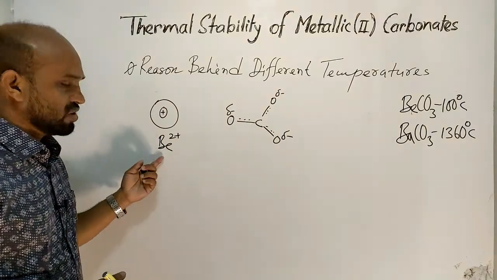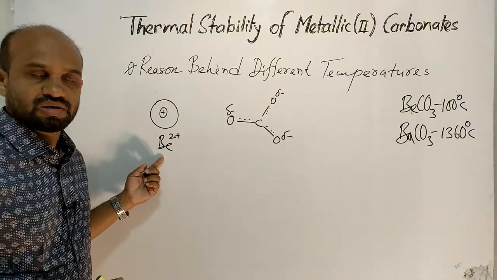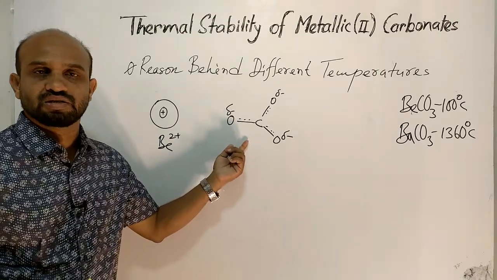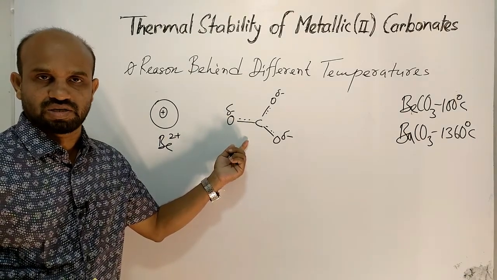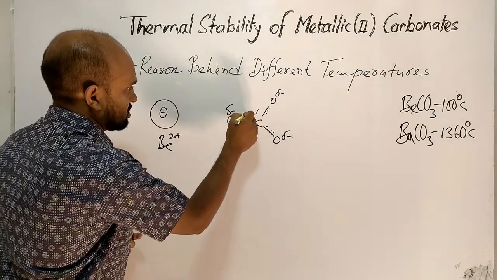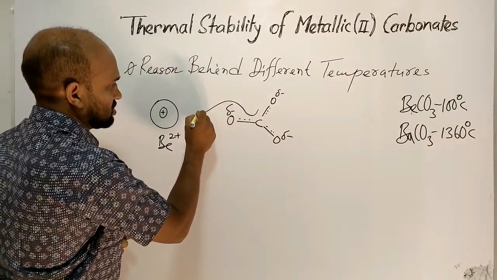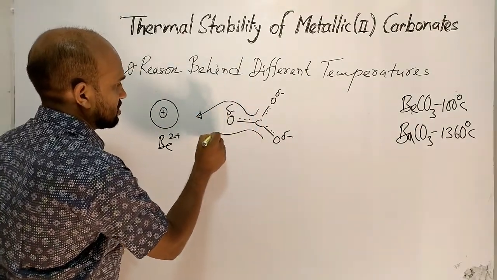So for beryllium carbonate, carbonate ion is polarized excessively like this. It is polarized on a large scale.